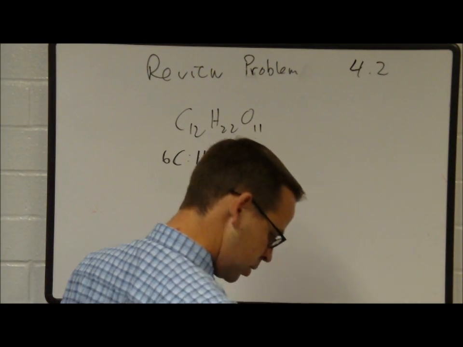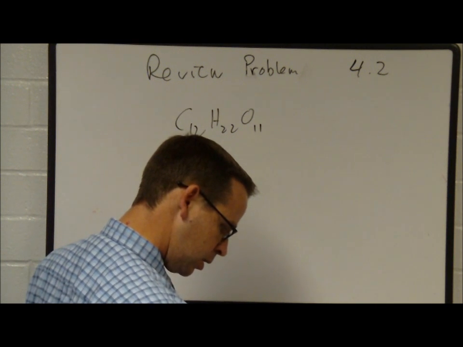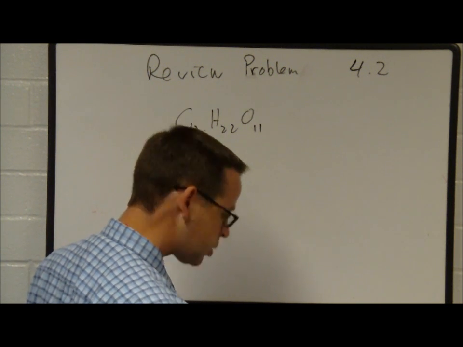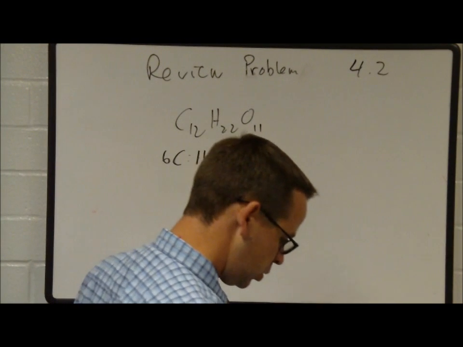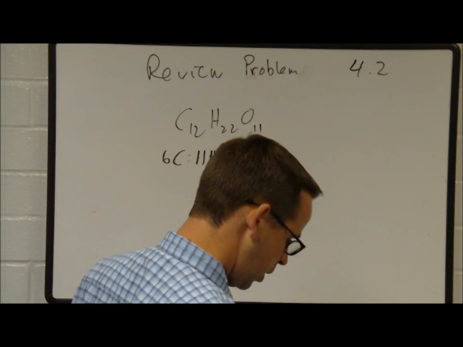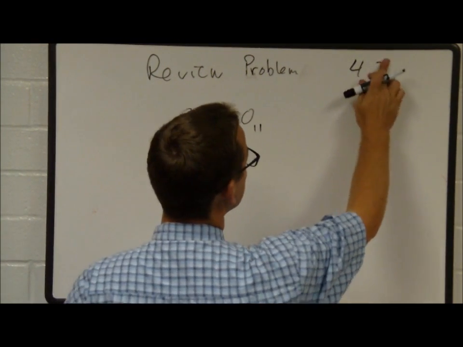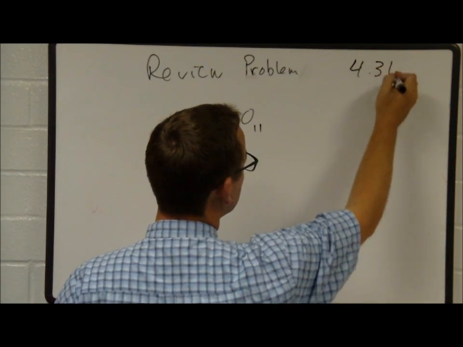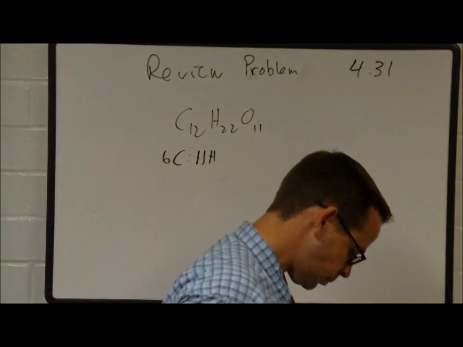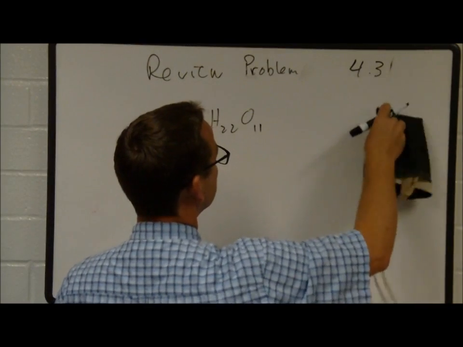D, mole ratio of hydrogen to oxygen, that's going to be 2 to 1 as well. All right, 433. Well, that was 431. And now we're on to 433.